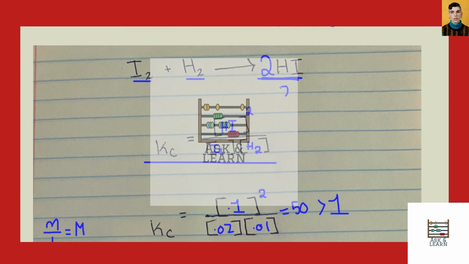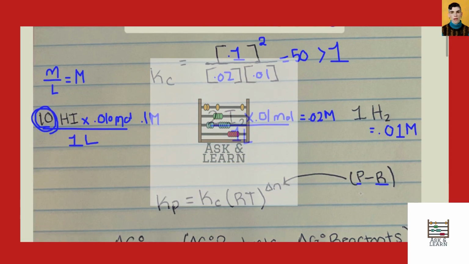We know that there are 2 moles as product, and then 1 mole of I2 as a reactant and 1 mole of H2. So there are 2 moles of reactants. So this would be 2 minus 2, which gives us 0. And RT raised to the 0 is just going to be 1. So that leaves us with Kp equaling Kc.